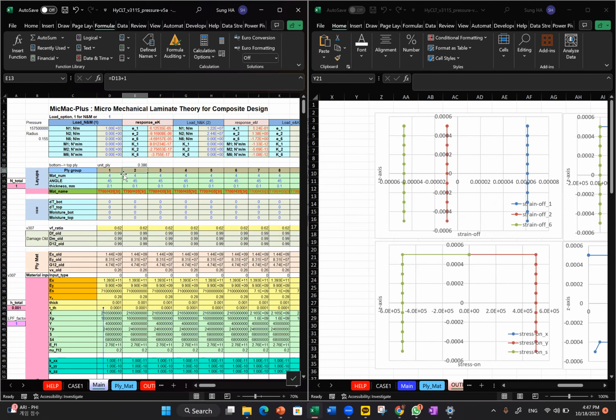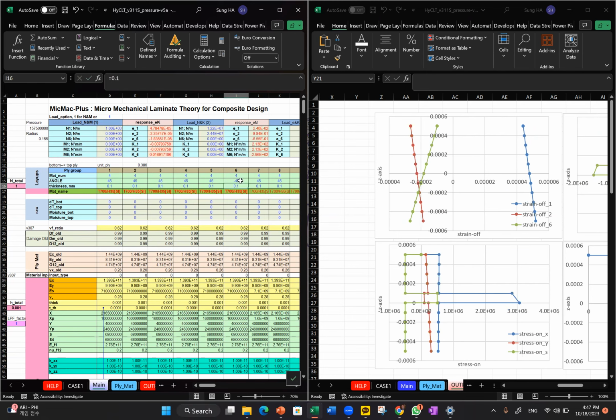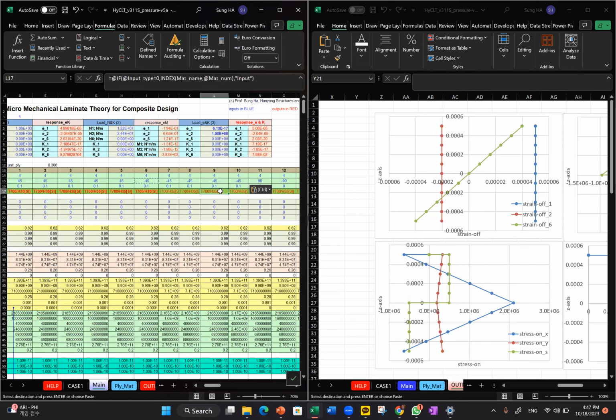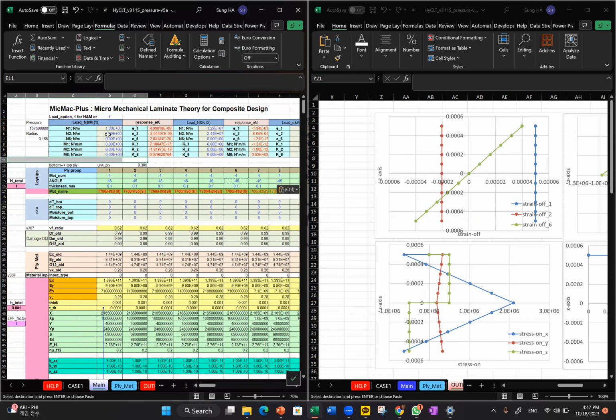Another point is that let's say we stack the 45, 45, 45, and then we enter minus 45, a different angle. So like that. And now we have a strain for plus 45 and minus 45 under in-plane load.